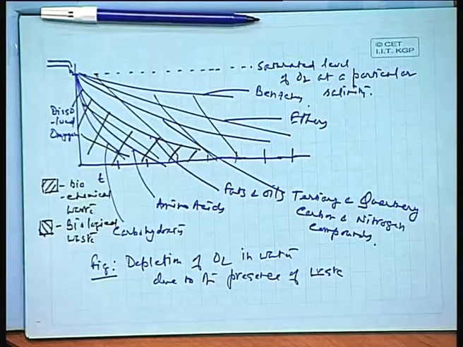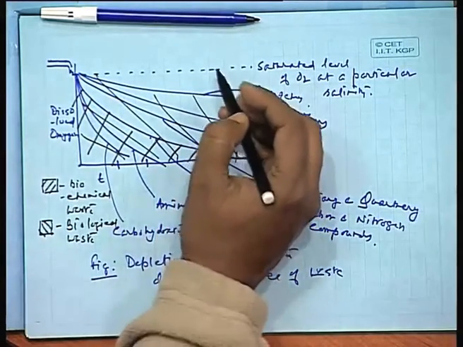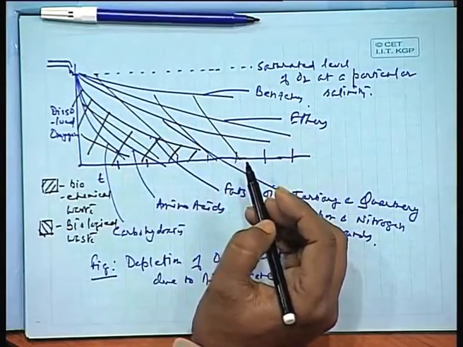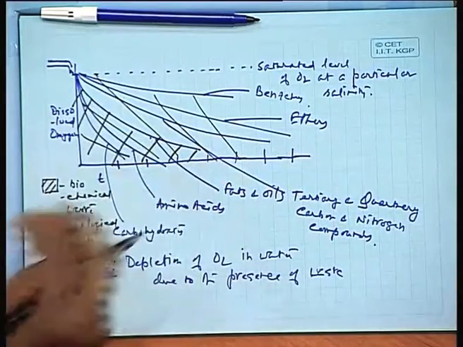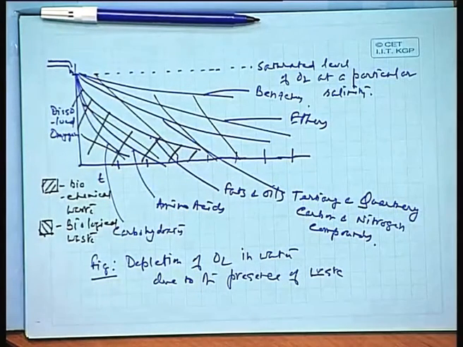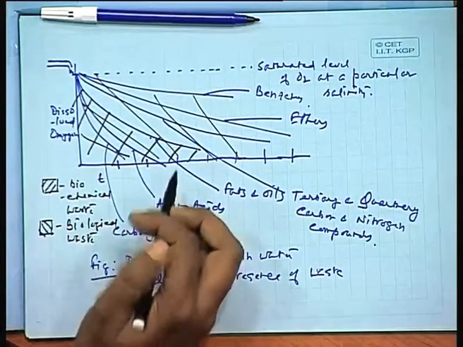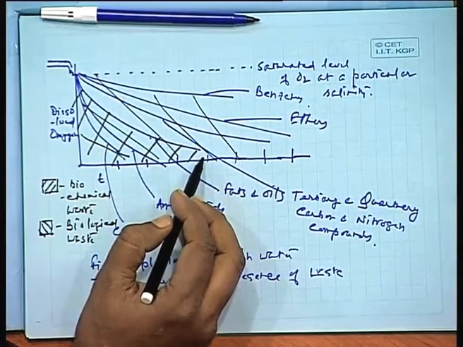What we are observing here is that if there is no further addition of water or no other source of oxygen being supplied to the water, the amount of oxygen in the water would continuously go down till it reaches almost zero.